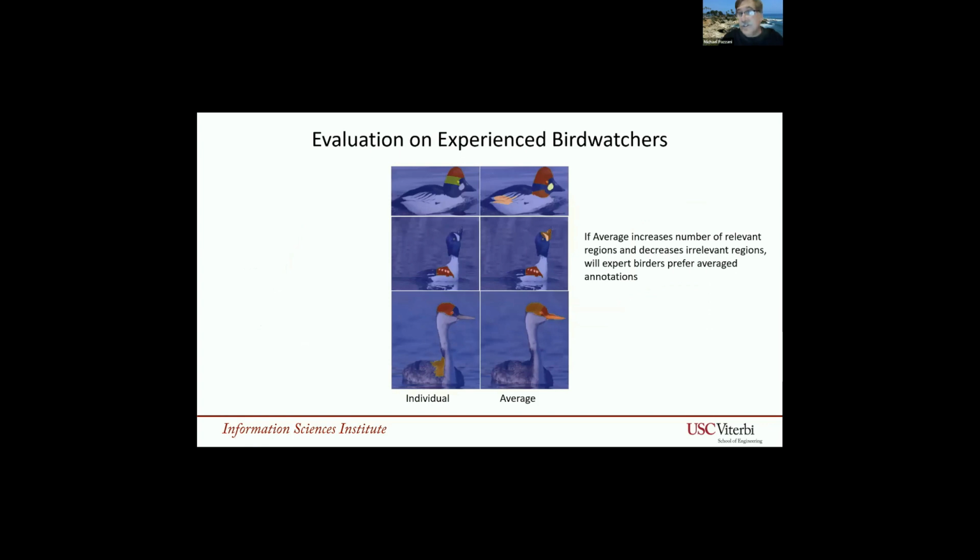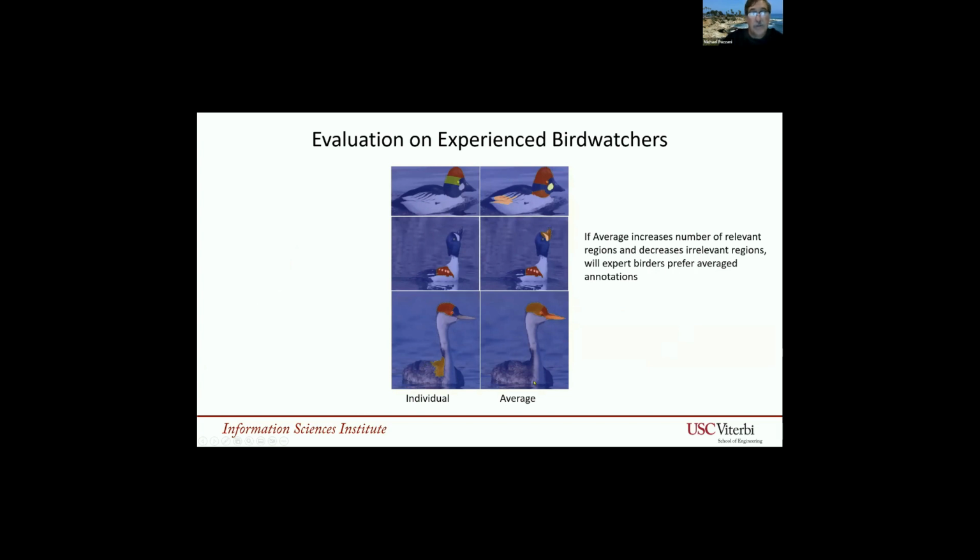And then finally, I want to discuss an experiment we did with human bird watchers. If averaging increases the number of relevant regions and decreases the irrelevant regions, will expert bird watchers be able to figure this out? So we constructed a number of examples of birds that are highlighted. And again, on the left here are the individual, a single neural network.